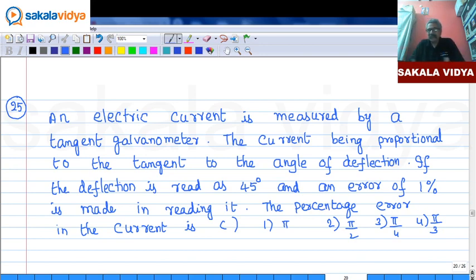It's not very lengthy but a very simple problem. This problem is related to electricity. Current is measured in ampere, and that is measured with the help of the tangent galvanometer. Understood now? So nothing but application of physics.